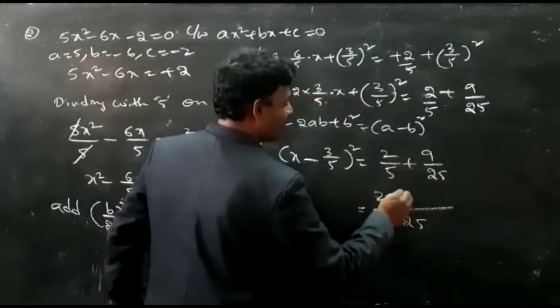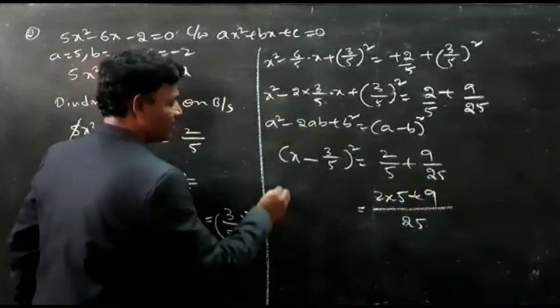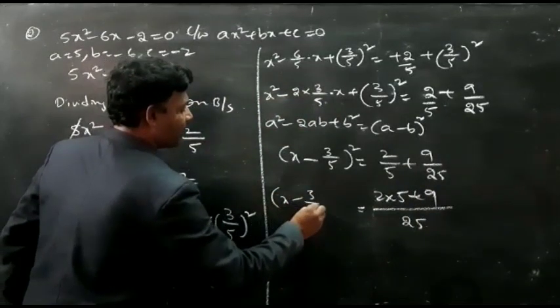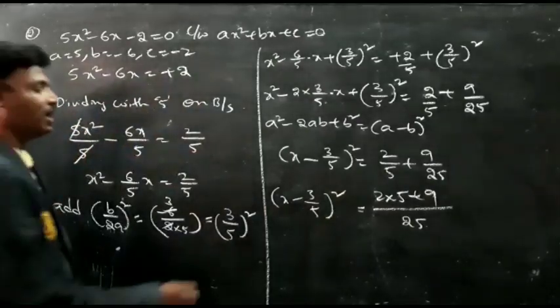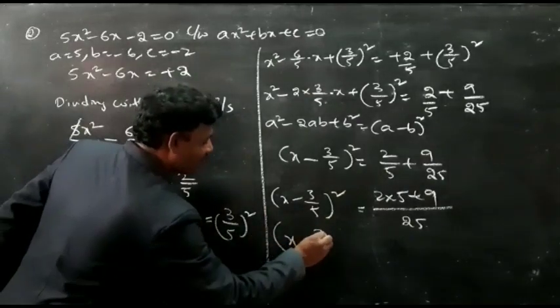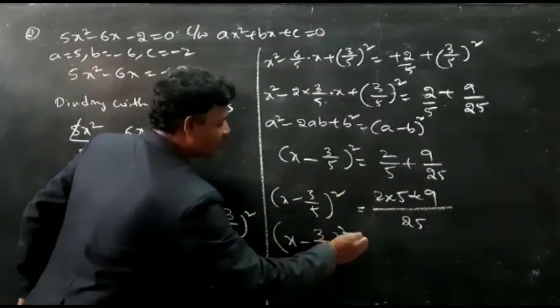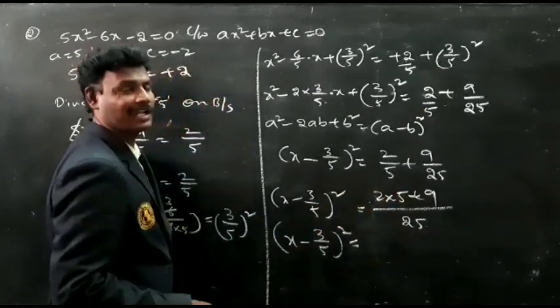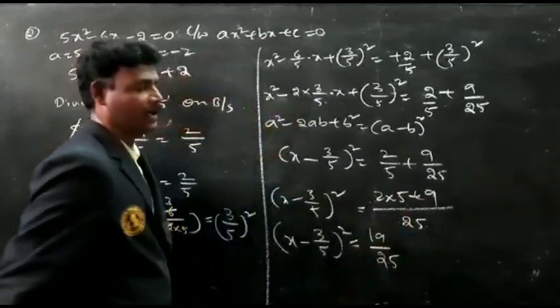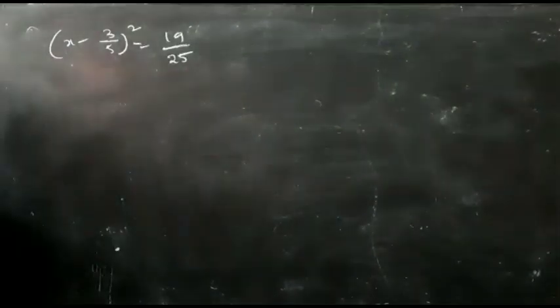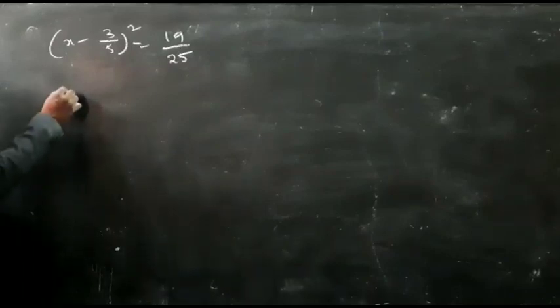So it is 2 into 5 plus 9 by 25. Then after, x minus 3 by 5 whole square is equal to 5 2s are 10, 10 plus 9 is 19. So it is 19 by 25.